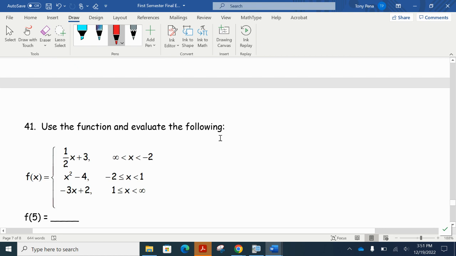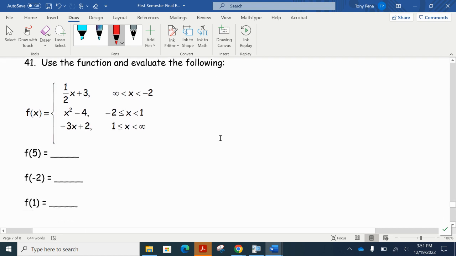All right, 41, similar to a previous one. If I ask you where does 5 fit, if the x value is 5, where is that going to fit? Again, it's f of x. The x has been replaced with a 5, so that means x is 5. Well, 5 should fit right in here between 1 and positive infinity.